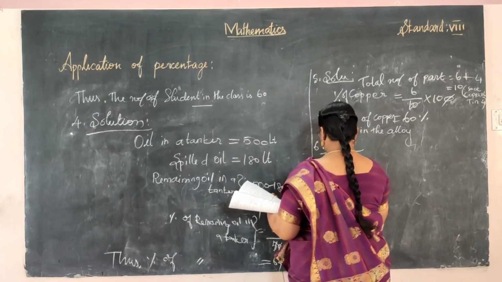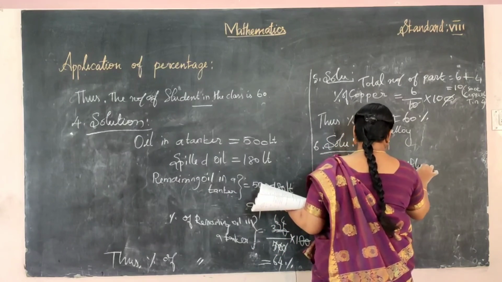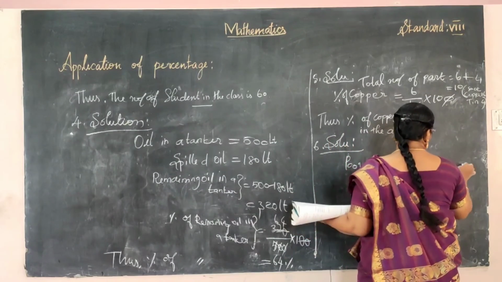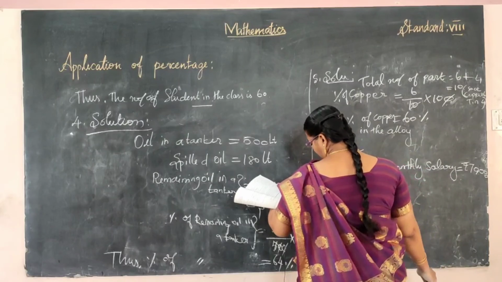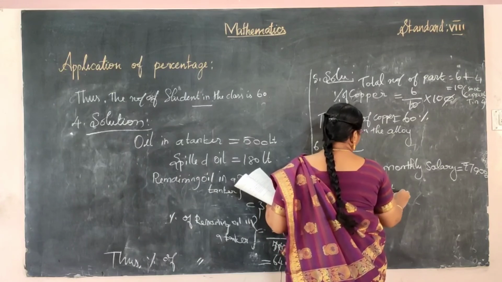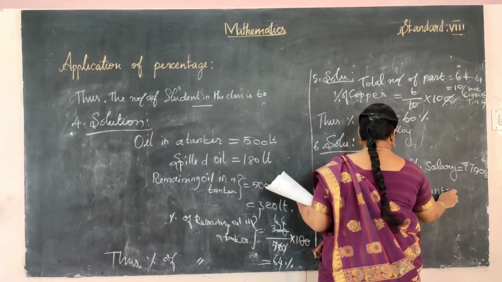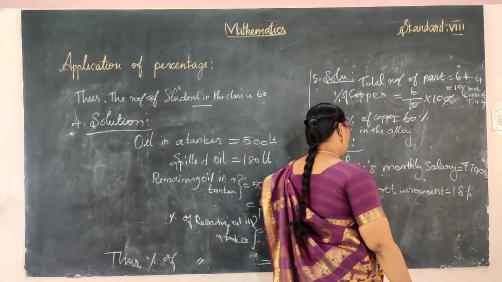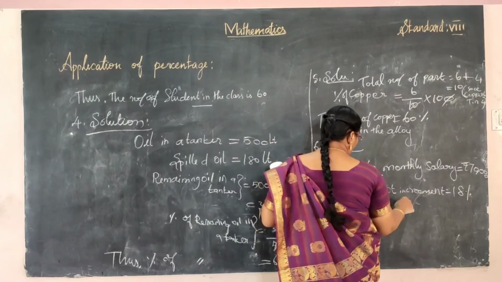Pooja's monthly salary is equal to rupees 70,000. Her increment is equal to 18%. So we calculate the amount of increment.